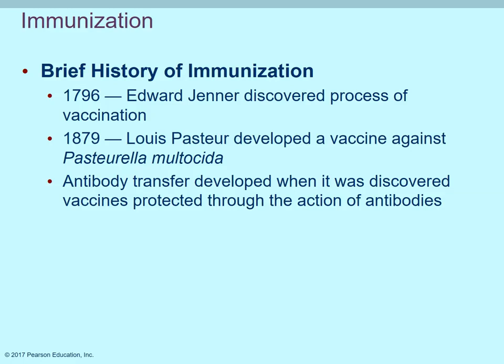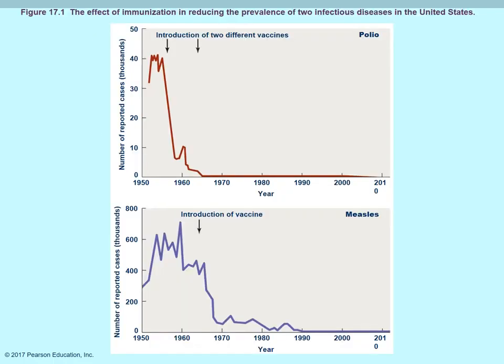Edward Jenner in the late 1700s finally did figure out a way to more safely vaccinate people. And then in the late 1800s, Louis Pasteur developed another vaccine. And so we have been progressing from that point on. What we have learned is that when vaccines are administered, the individual will develop their own antibodies, and those antibodies will provide protection.